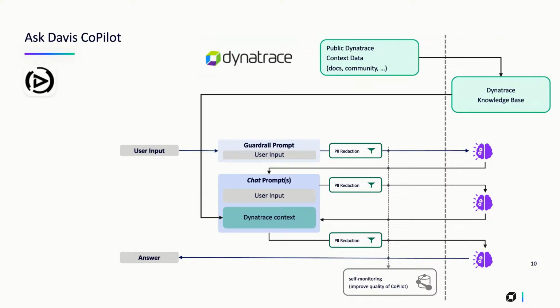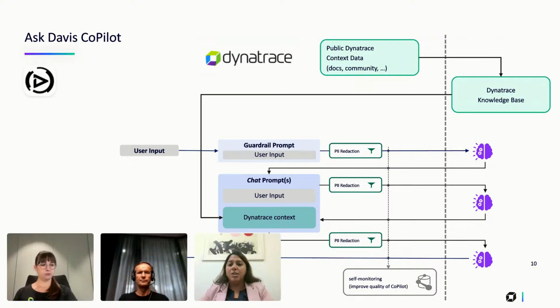So it's great to know that that was a driving principle behind the architecture that we designed for the Davis Copilot, and that we do have different kinds of architecture for different skills, which is the chat function and also the DQL function, that is the DQL to natural language. So thank you so much for walking us through that.